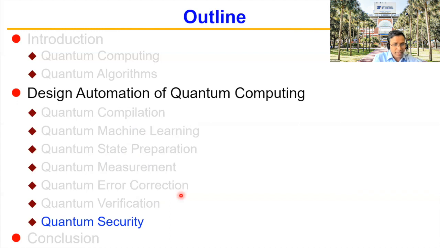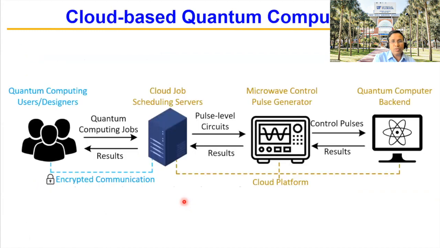My final topic is on quantum security. I'm going to take 2 minutes and then I'm going to stop. Before you talk about quantum security, you want to think of how we are using these machines today. We as users, you, me, students, professors, engineers, most of us, except the people who are working at IBM Quantum, Google, Rigetti, and those quantum groups, don't have access to the physical quantum computer.